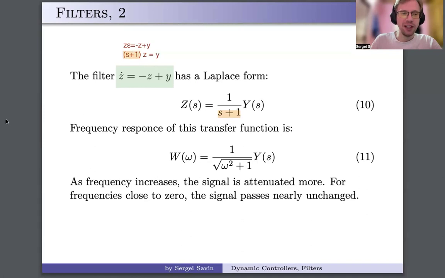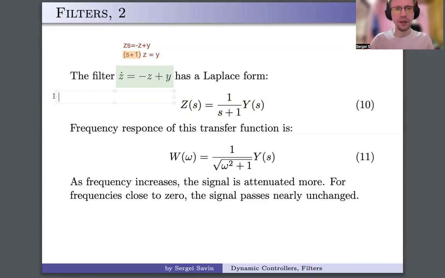Now, if you remember the lecture on Bode plots, in that lecture, we studied how to understand the frequency response of the system, how it attenuates or increases the input frequencies, so amplitudes of the signals on different frequencies, right? How is it done?